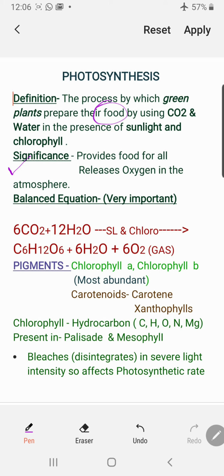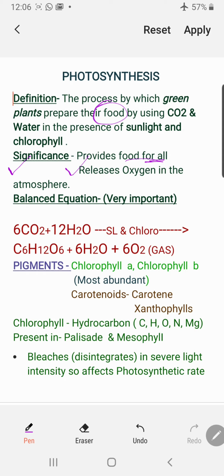That means in a food chain, the main source of energy is the green plant. So, had there been a situation that there are no green plants, we would not be able to get energy from the main energy source. That's why we always say that the first significance is that it provides food to all.